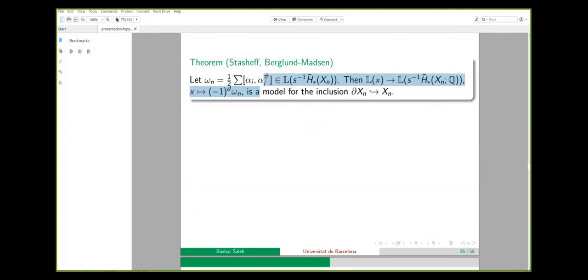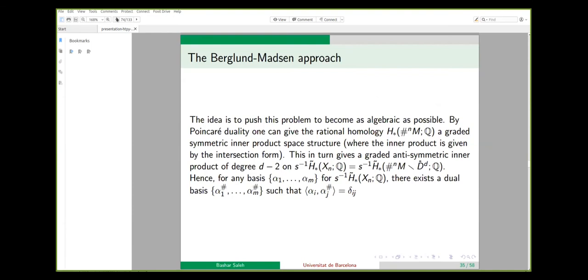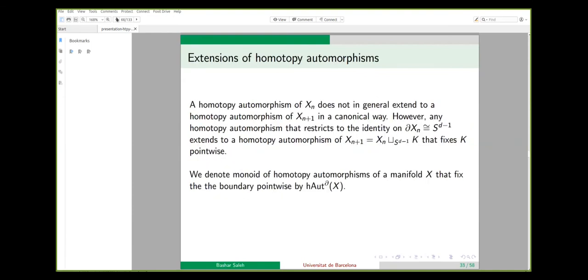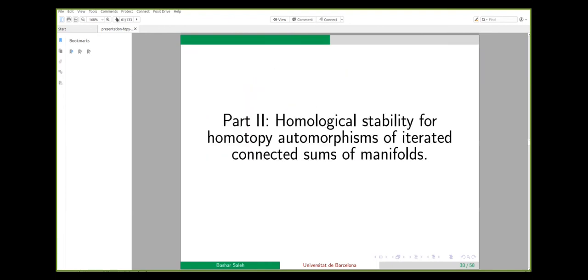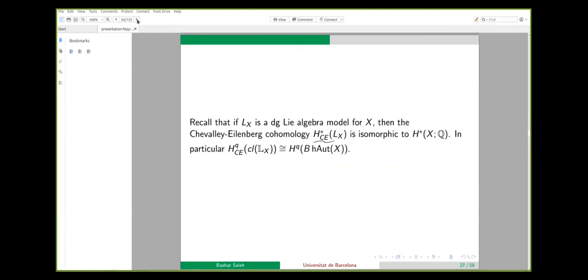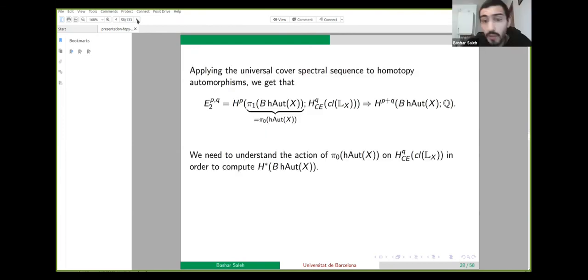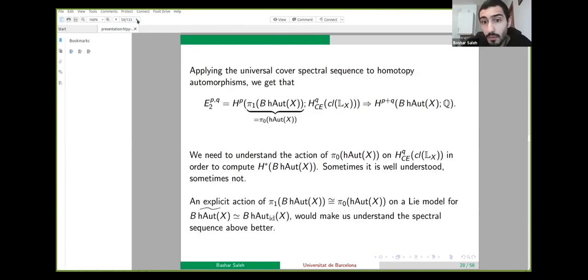So my question is: is the deck transformation group of B Aut_1 of X in correspondence with the automorphisms of the derivations of the Lie model of X, maybe of some special form like conjugation? Well, okay.